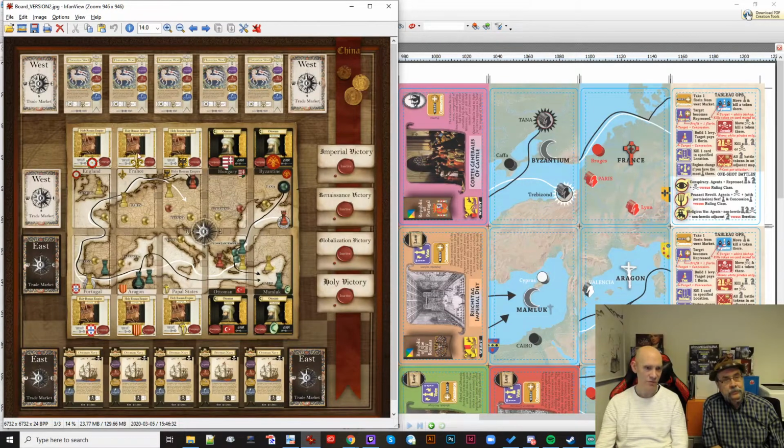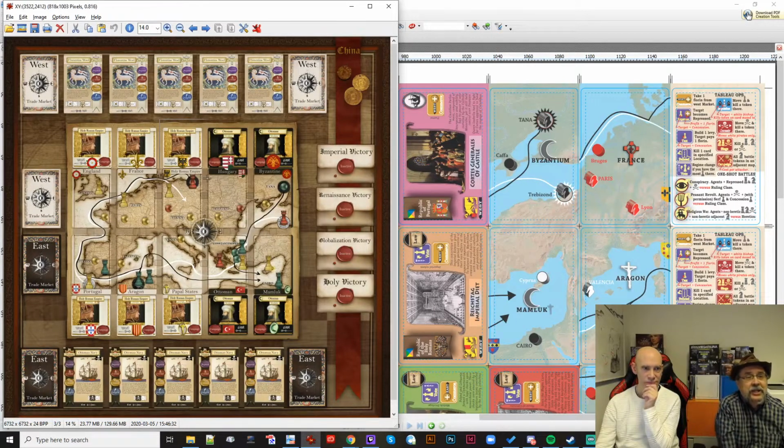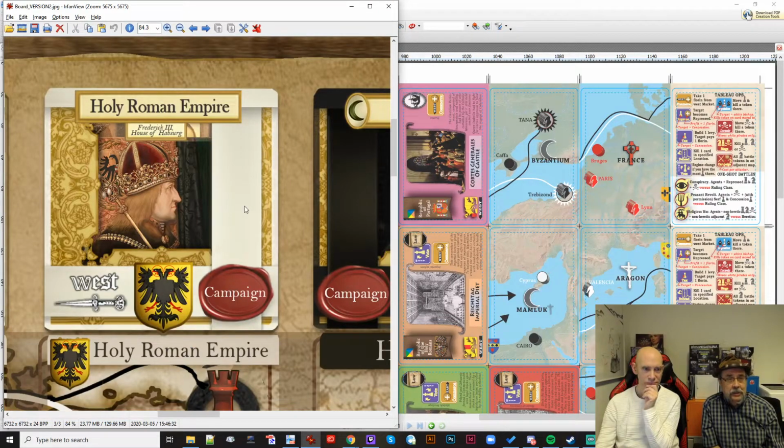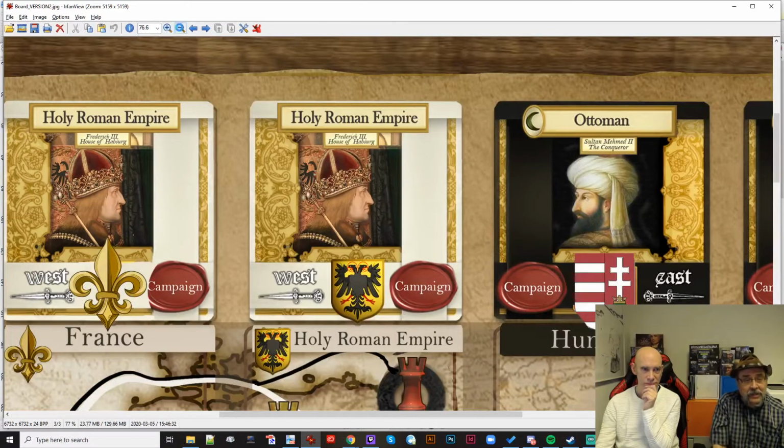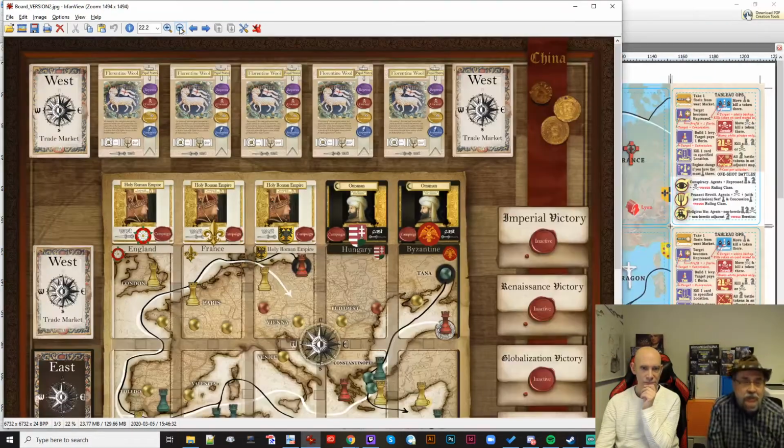First of all, they are smaller and square, so the kings and republics are on square-shaped markers, and they are allowed to be placed next to the map cards that represent their empire. In this facsimile, they're all the same, but in the final version, they'll each be the individual emperor that was reigning in that area in the year 1460 when the game begins.